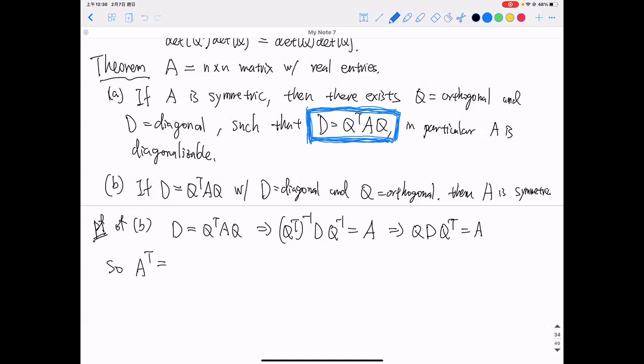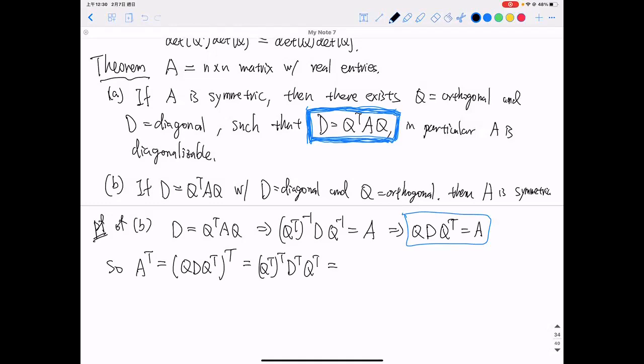Okay, so when you have this expression for A, Q D Q transpose, you can take the transpose of this expression to get A transpose. We do that, and the property of transpose tells us that we are looking at this expression.